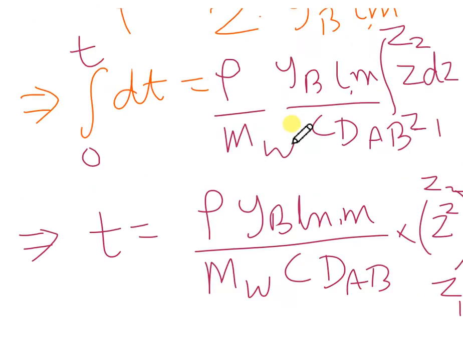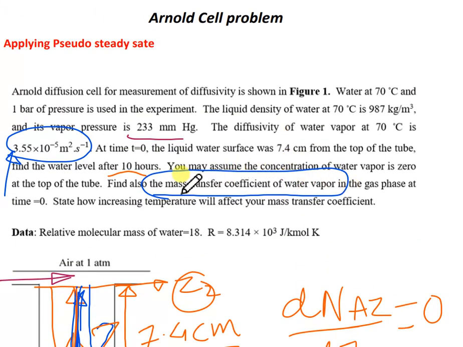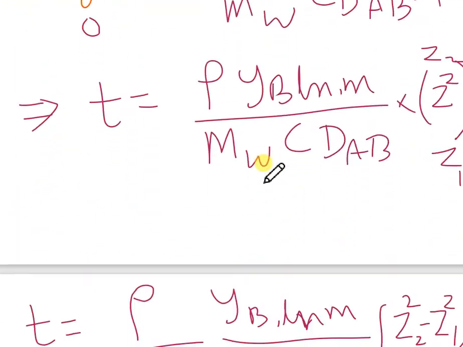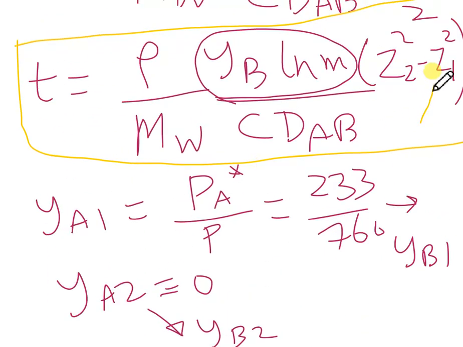Initially it was 7.4, okay, so Z1 in this case is 7.4 from the top. Time given is 10 hours. DAB is given. YB log mean you can calculate. Density of the liquid and molecular weight of the liquid. You can find the Z2.